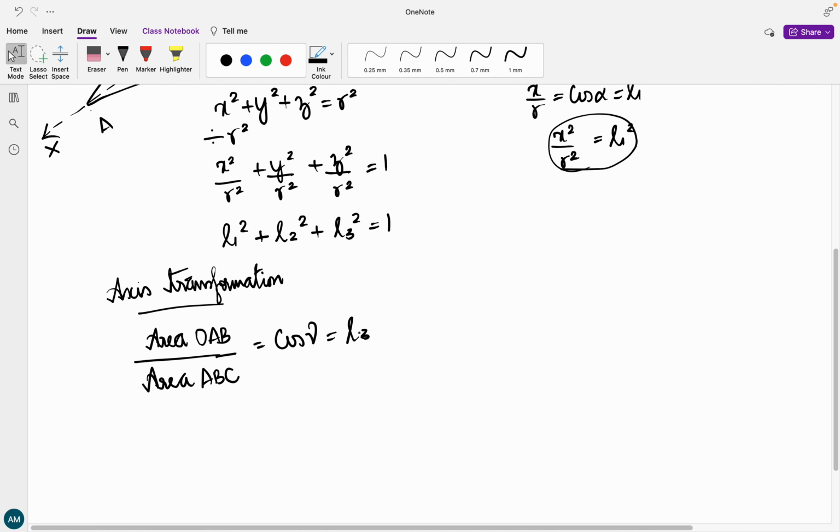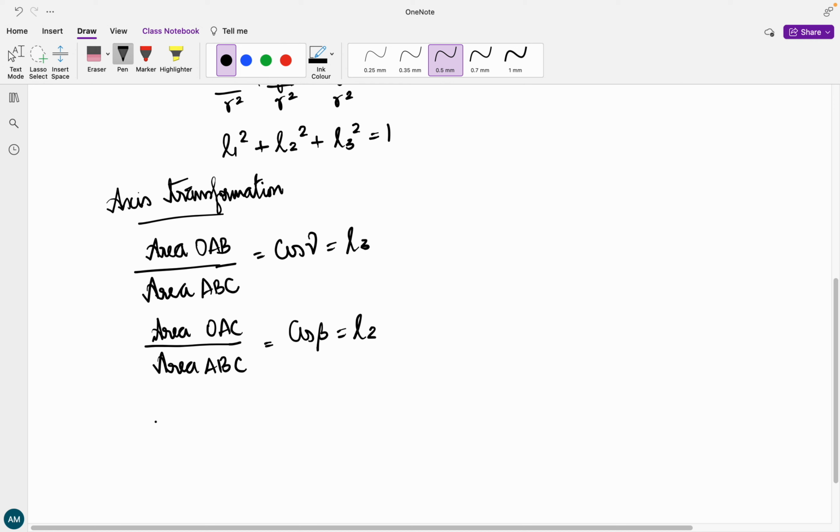Similarly I can write area of OAC divided by area of ABC as cos beta or L2, and then I can write area of OBC divided by area of entire plane ABC as cos alpha or L1.